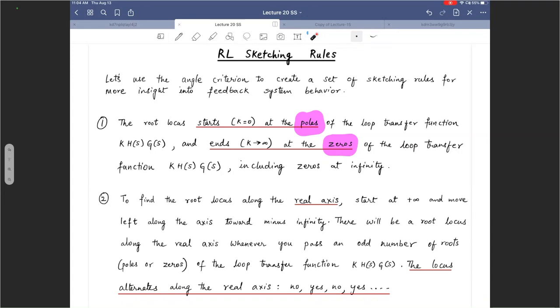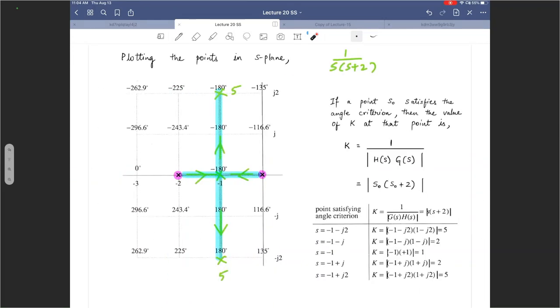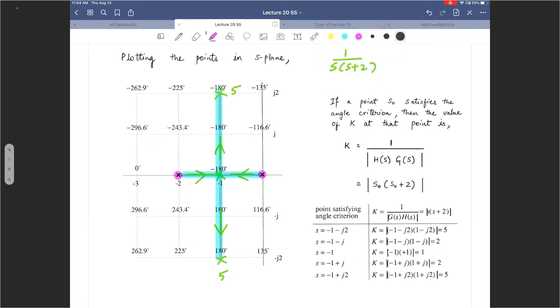To find the root locus only on the real axis, start at plus infinity on the S-plane and then move left along the real axis towards minus infinity. So essentially, if I go back here, you are starting all the way to the right, sketching all the way here, and then moving left on the real axis.